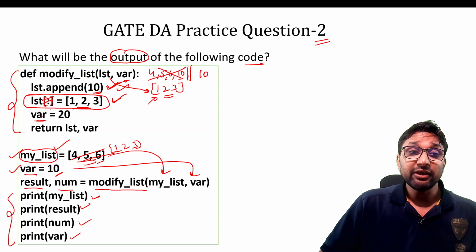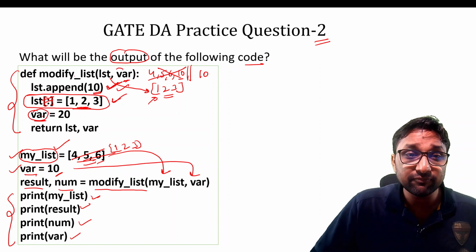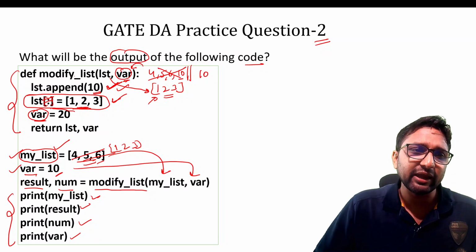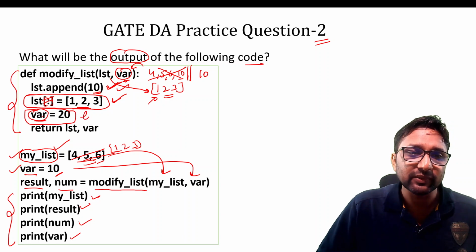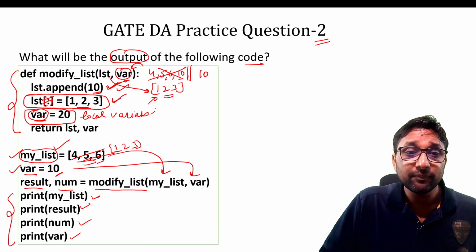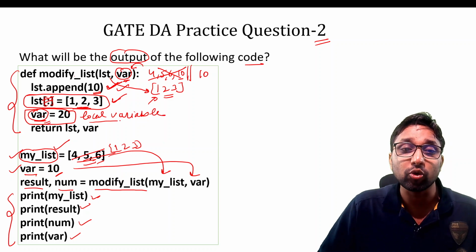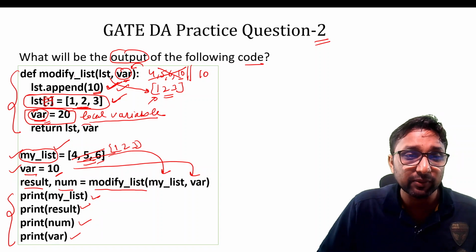See, we defined a variable over here which has the same name which we have passed in this function. So this statement will again create a new local variable, and whatever operation you want to perform on var, you will perform now on the local variable. So this will be your local variable that you pass.